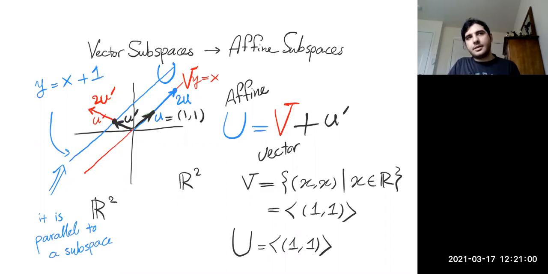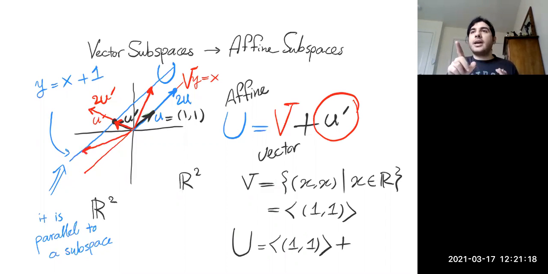And U is that space plus this vector U prime. Here we can take U prime to be anything. This is not unique. I can take this vector U prime to be this one here, or this one, or this one. Any vector which starts at the origin and ends up on this affine subspace can be chosen as U prime.